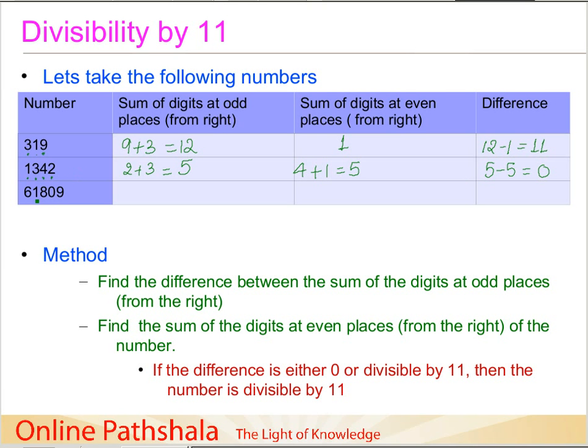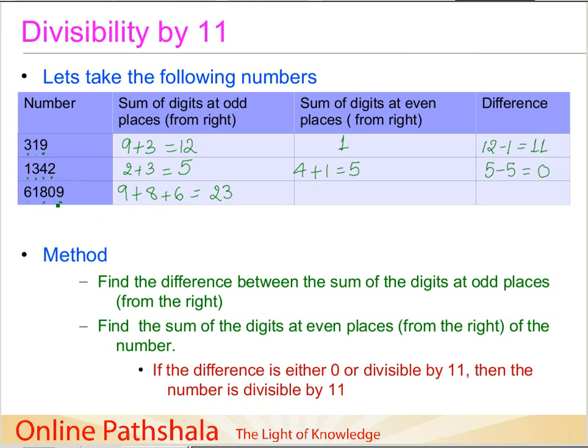Now let us try to do this for the third number, which is 61,809. First we have to add the digits at the odd places. So it is 9 plus 8 plus 6. 9 and 8 is 17, and 17 added with 6 gives you 23.